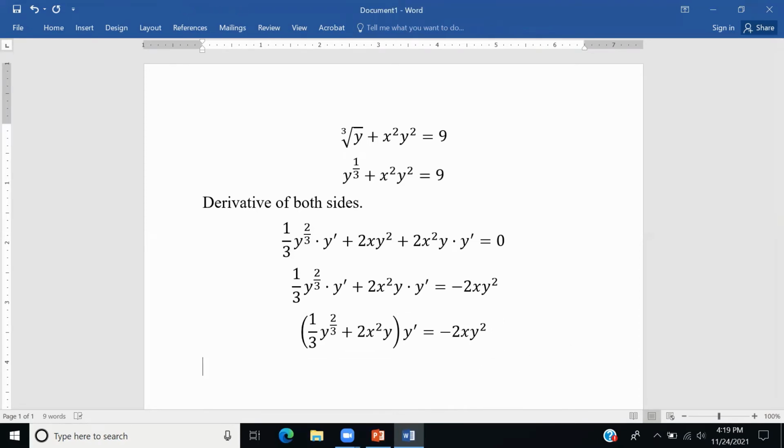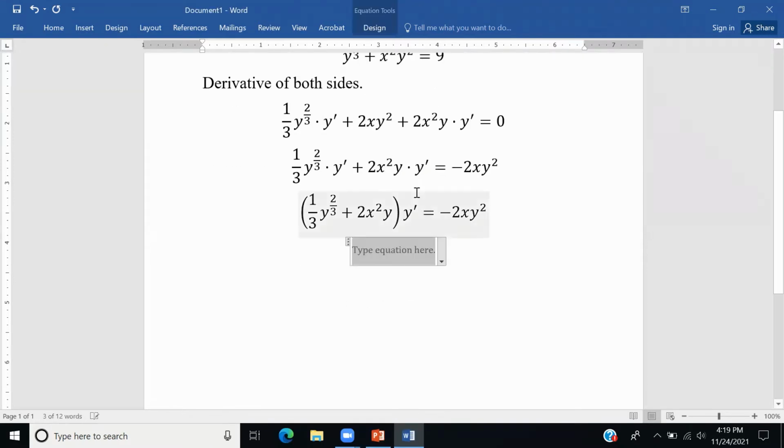Now I can easily solve for y prime by dividing the negative 2xy squared by this expression in my parentheses.